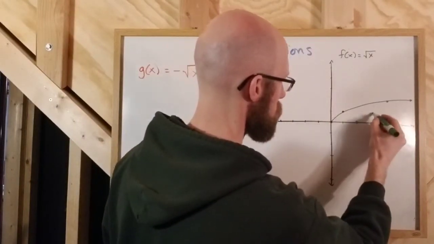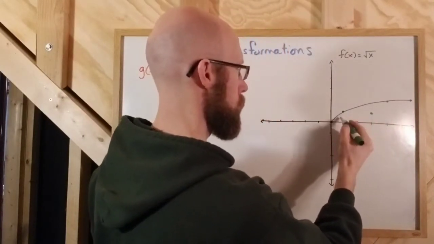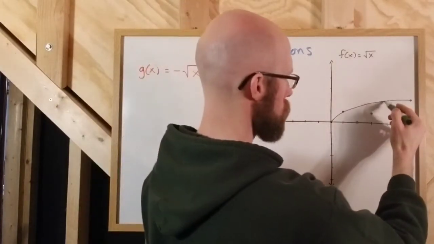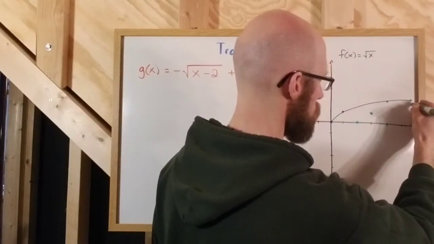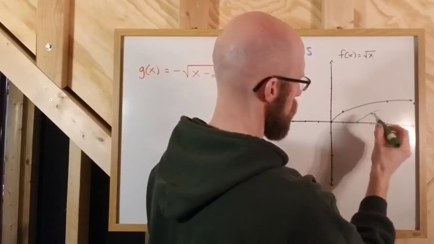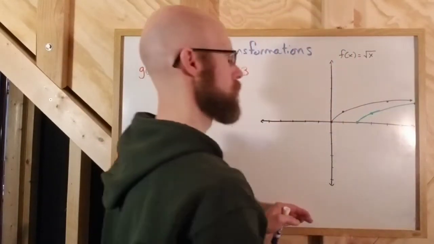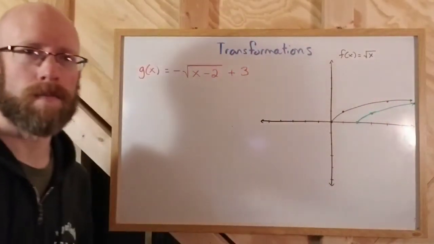Let's see, so I have 2, 0. I'm going to have, instead of 1, 1, I'm going to have 3, 1, and instead of 4, 2, I'm going to have 6, 2, which would actually be kind of off the graph over here, but close. And there's the first transformation. That's our horizontal shift to the right.